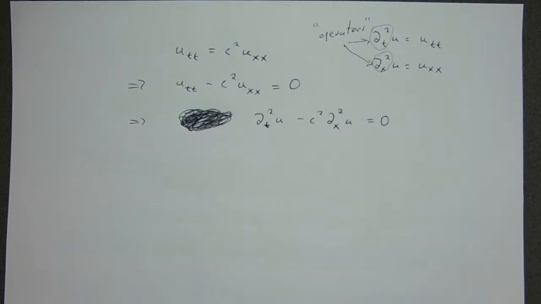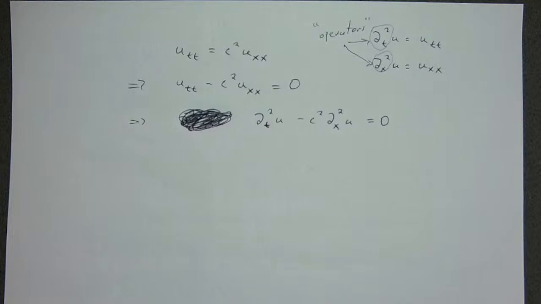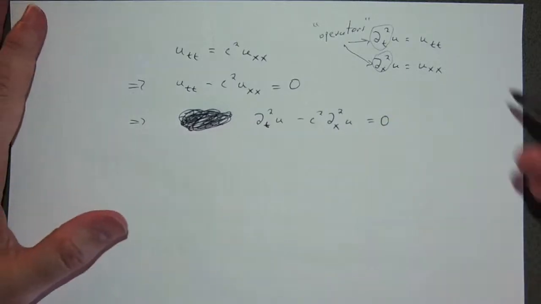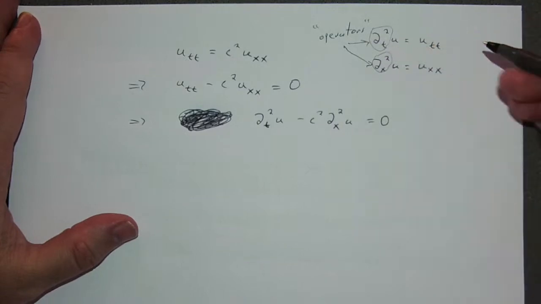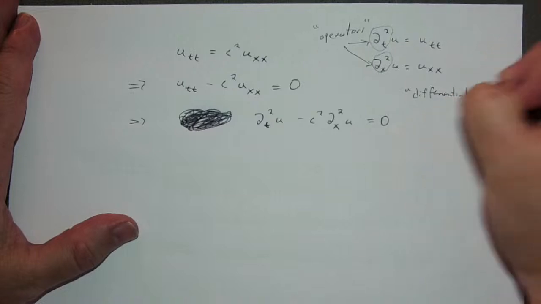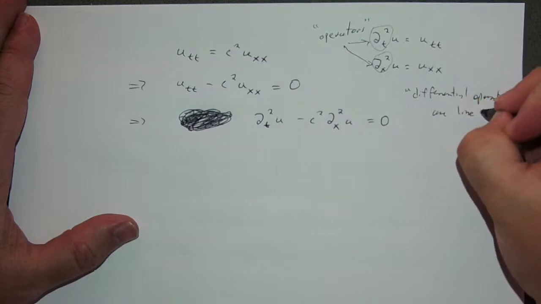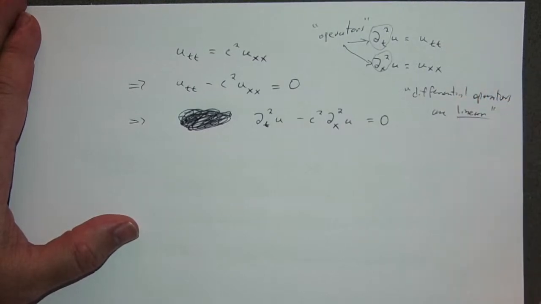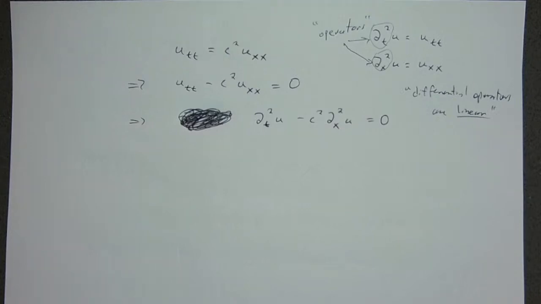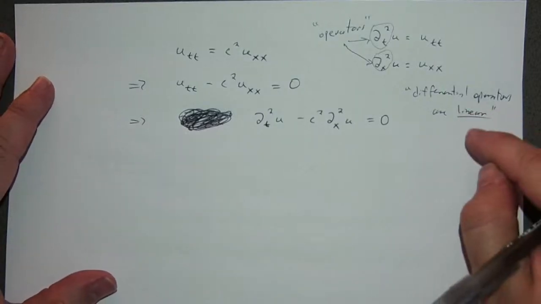Now, why did I rewrite this equation like this? There's something suggested here. First of all, since these are differential operators, and differential operators are linear, what do I mean by linear here? I mean linear in the sense that a linear transformation is linear. You can break it up across sums and you can pull constants through it.